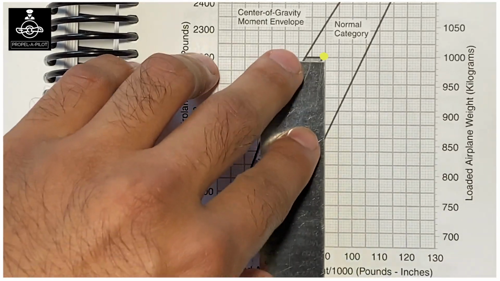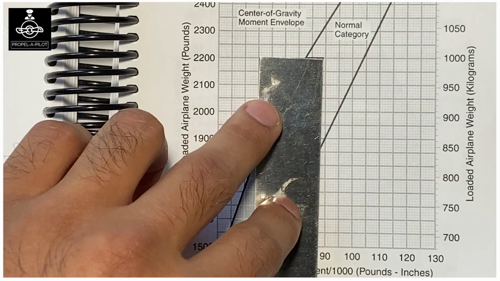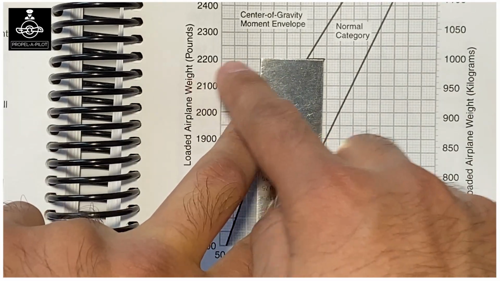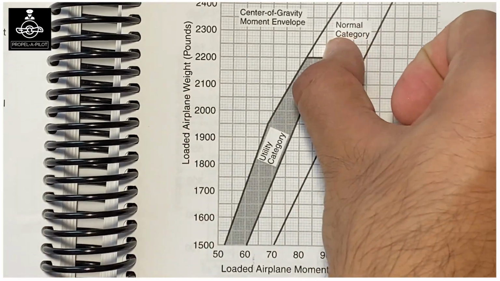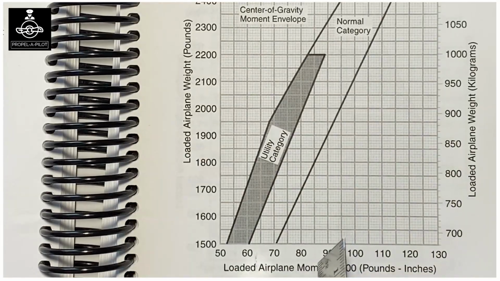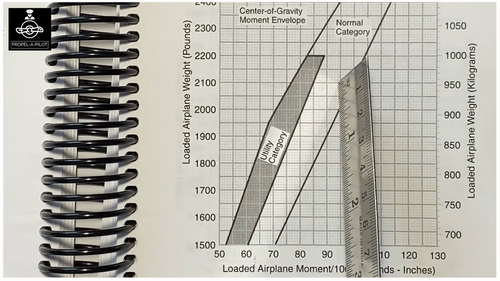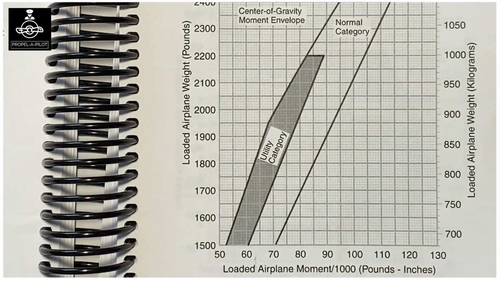If you take a look at 88,850, it is right over here, and 2,200 is here. So we are right here. So once you intersect the lines from your total weight and total moment, and if that point lies within the envelope, you are fine.